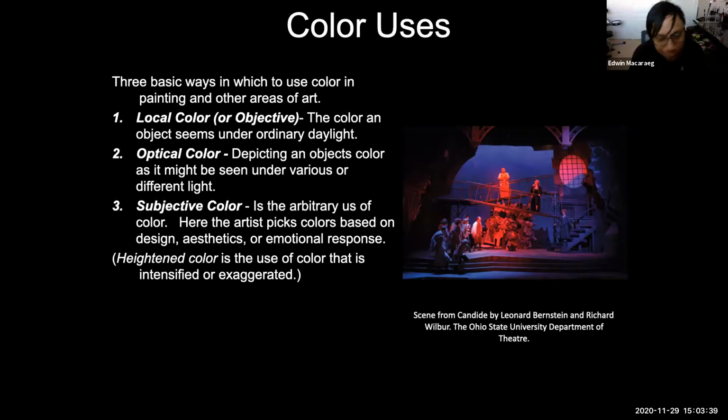You'll see some hints of blue, some hints of purple, some brown. So you're actually seeing the color of many environmental factors added onto it. Maybe sunlight, maybe there's clouds in the sky that are going to affect the color. Maybe there is smoke. All of these things are going to affect it, and that's what optical color is.